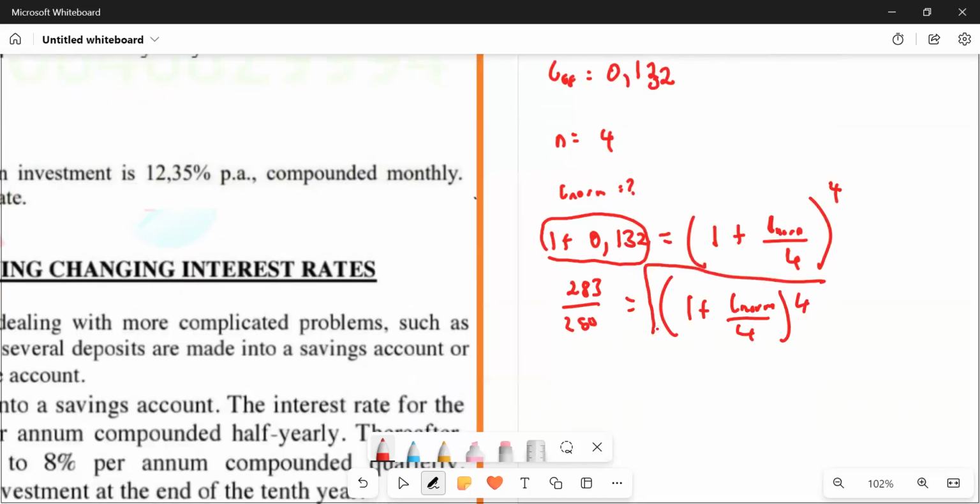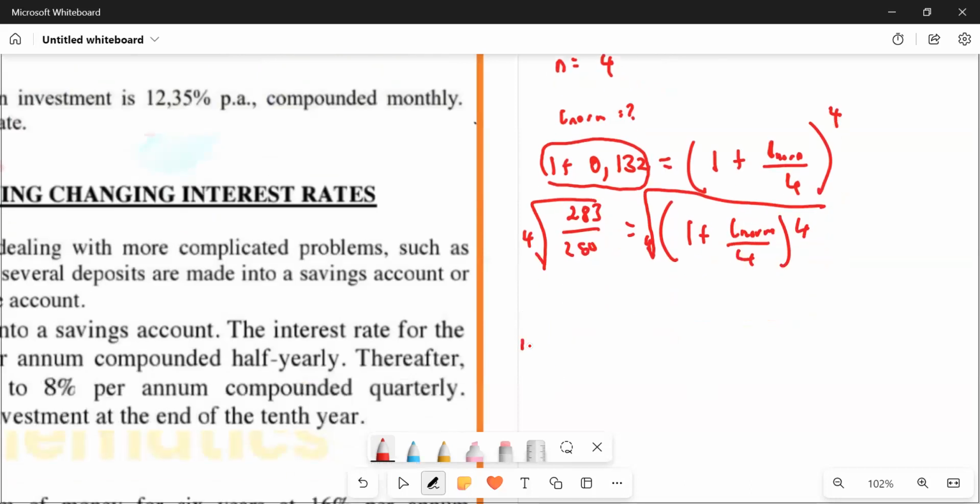Yeah, so we're going to take the fourth root of this side, and also the fourth root of the other side. And then we end up with what? Let's check. It's the fourth root of 283 over 250, and this is going to be equal to 1 plus i nominal over 4.